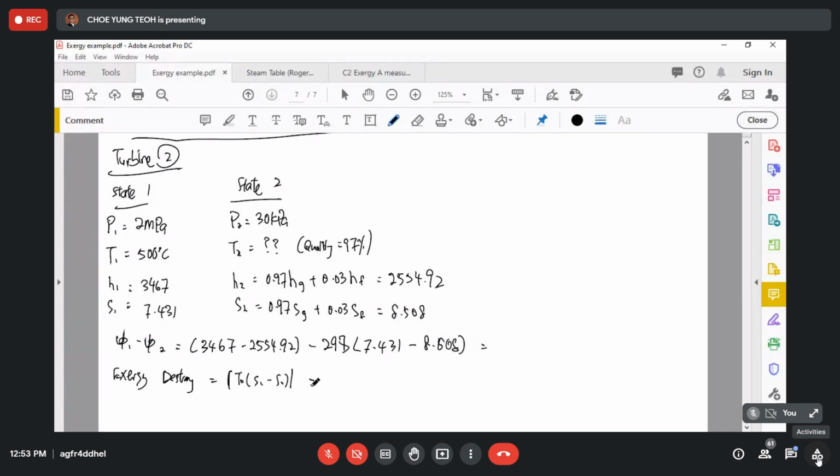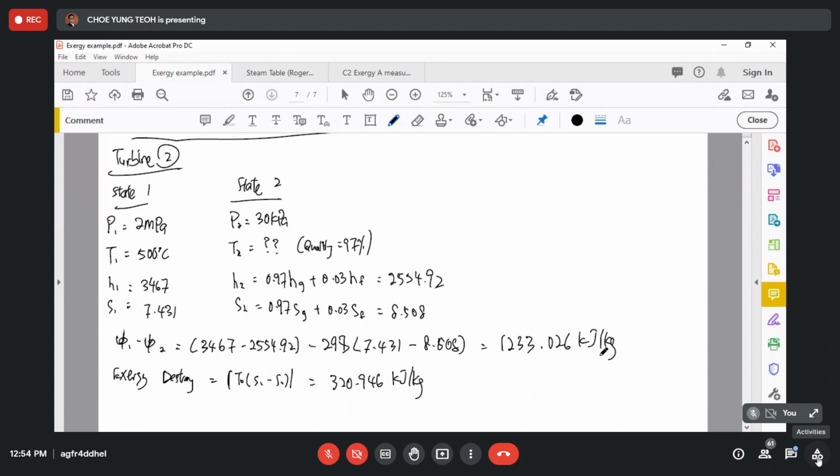That gives 320.946 kilojoule per kg. Okay, so from here we get the exergy change for the first turbine and second turbine, and also the exergy destroyed for the first turbine and second turbine.